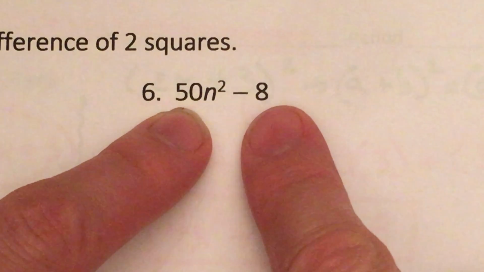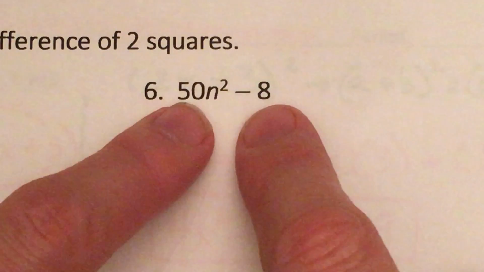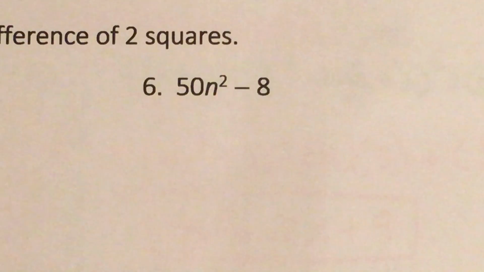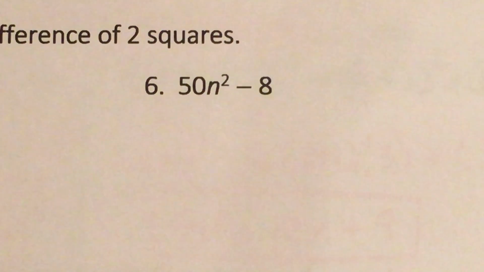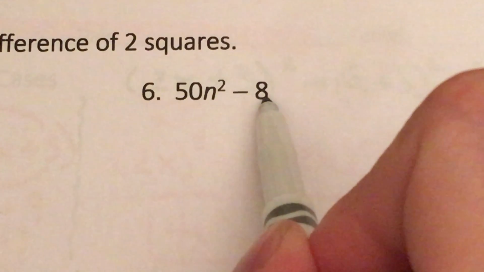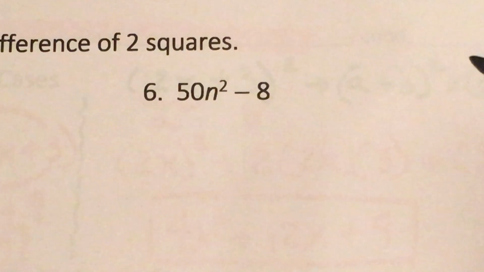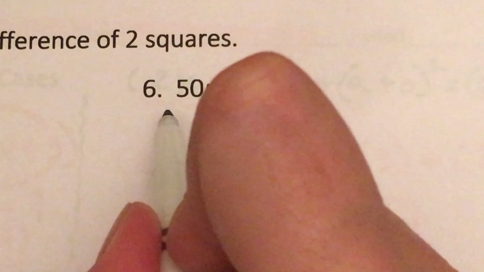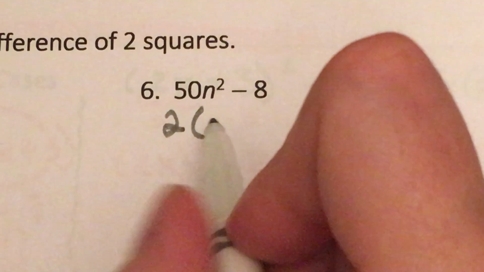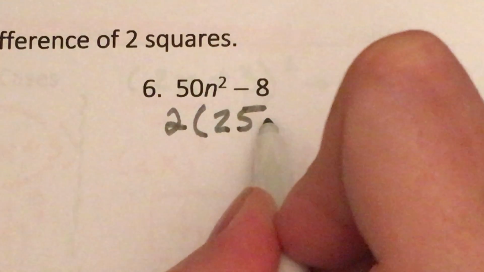But something that we talked about in the last lesson is sometimes all of the terms are divisible by something the same. There's a greatest common factor. And there's one here, so we need to use it. 50 and 8 are both divisible by 2. They're both even. So 50 divided by 2 is 25.